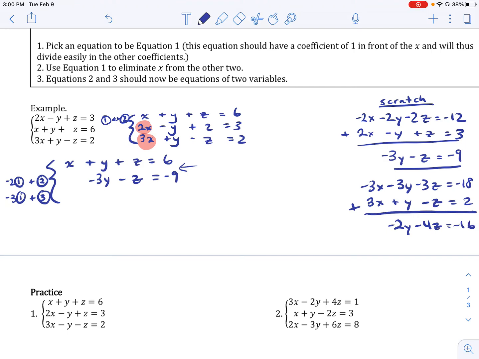Now you'll notice here that when I did this, I have a common factor of negative 2 in all of my terms. So if this were just an equation that I were solving and I wanted to simplify, I could divide everything here by negative 2. And that would give me y plus 4z is equal to positive 8. So I can actually write this result here: y plus 4z is equal to positive 8.